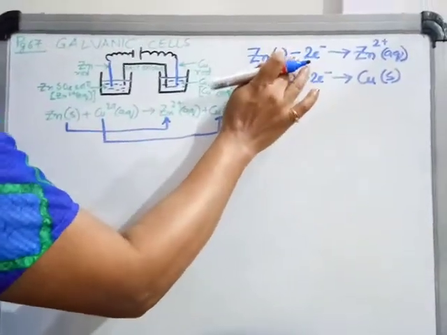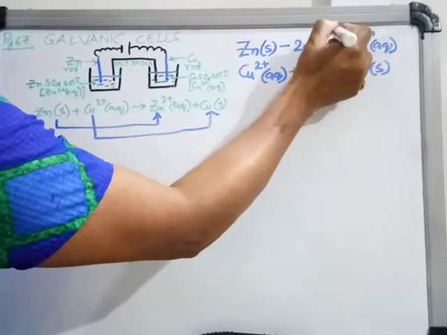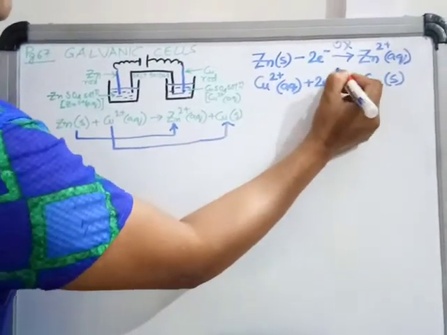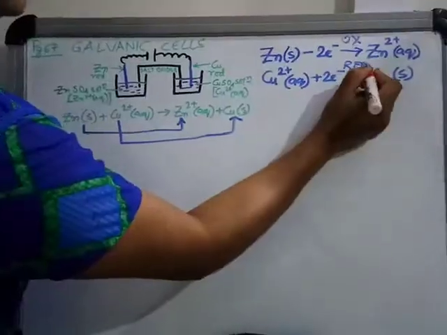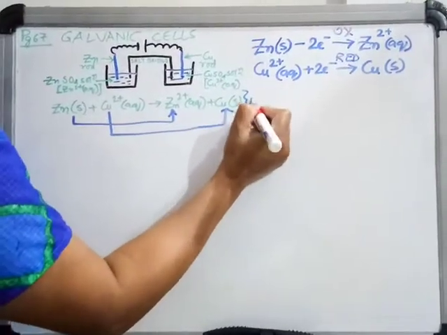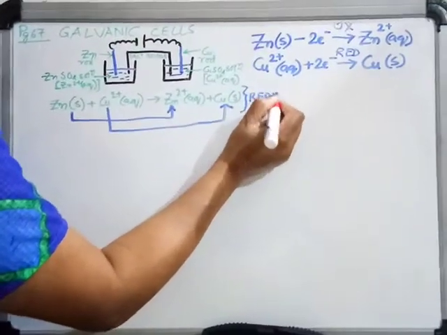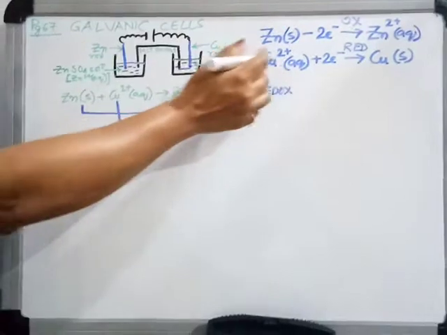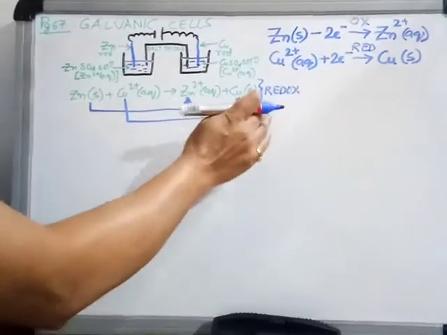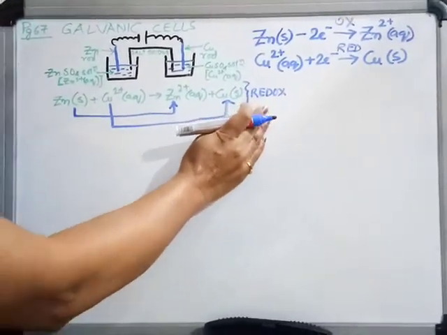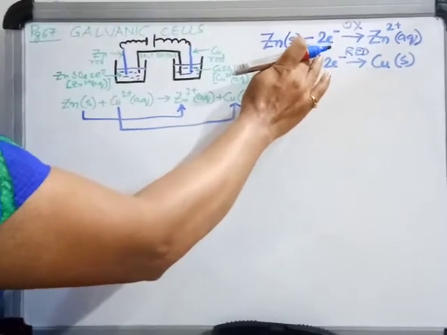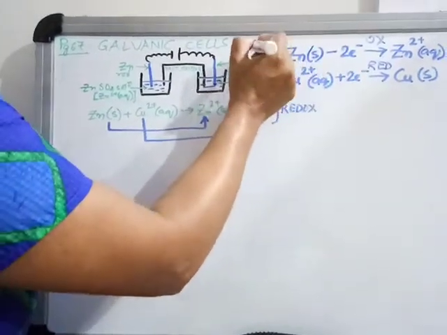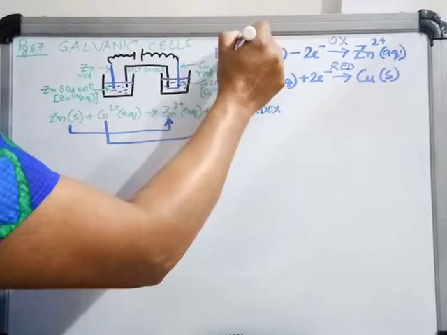Since there is loss of electrons out here, this is oxidation, and since there is addition of electrons, this is reduction. So this reaction is a redox reaction. If one does not occur, the other will not occur either. Now since oxidation is occurring here, this portion is called the anode.